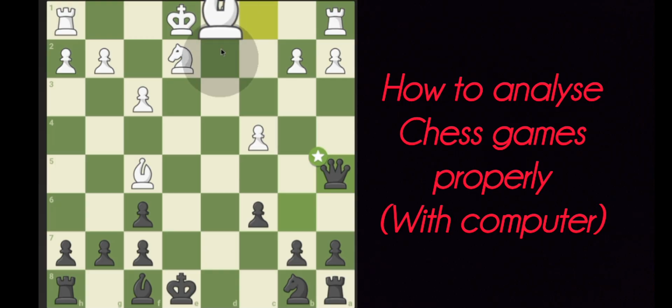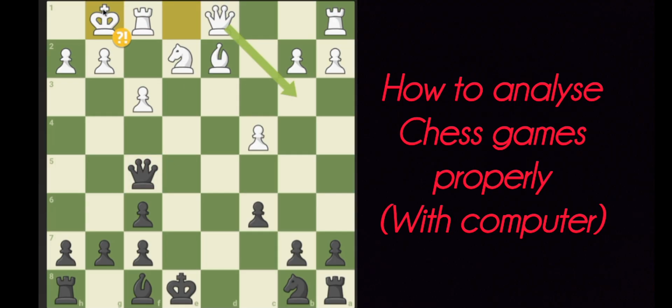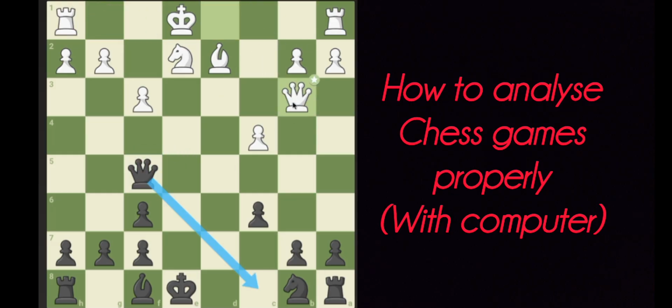But my opponent played bishop to d2, and I just took the free piece. Not actually free. Okay, now my opponent castled. Here I also didn't understand why this was an inaccuracy. It said queen to b6, queen to b3. Yeah, it is better.